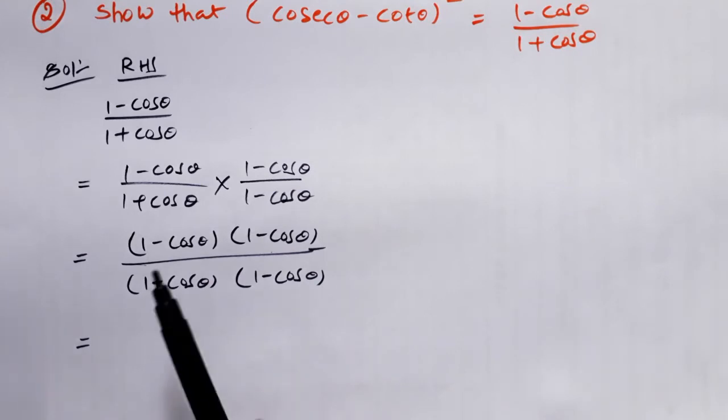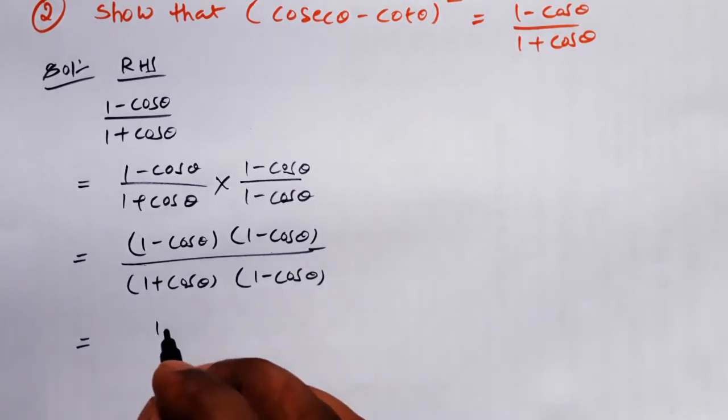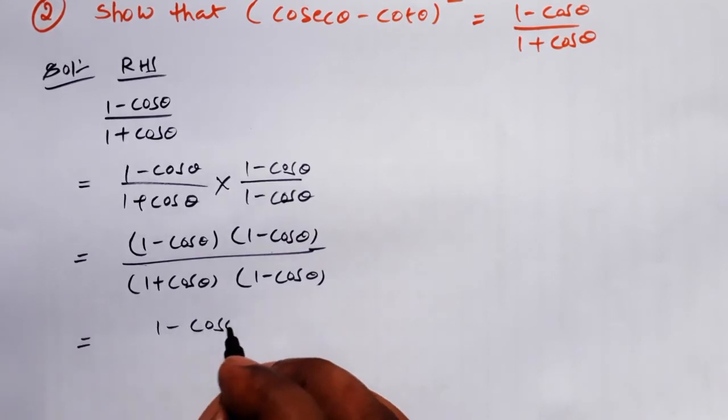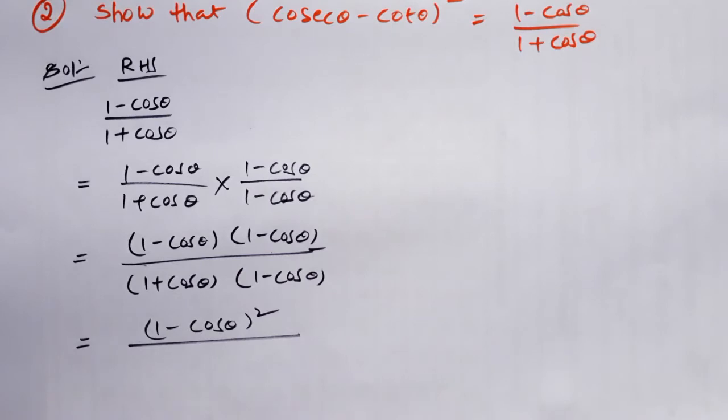Numerator same one, 1 minus cos theta into 1 minus cos theta. So we can write as 1 minus cos theta whole square, divided by denominator. It is looking like some formula, no? In previous problem we discussed this formula.